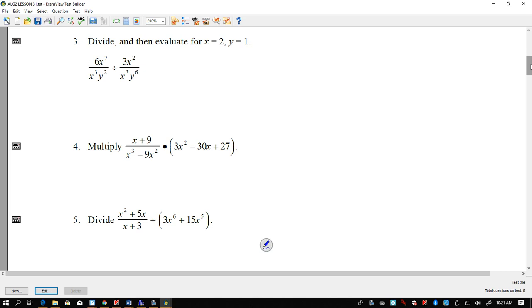Is that it? Okay, now that I have it simplified down to negative 2x to the 5th, y to the 4th, now I can plug in numbers for x and y. Negative 2 times 2 to the 5th, y to the 1 to the what, 4th?